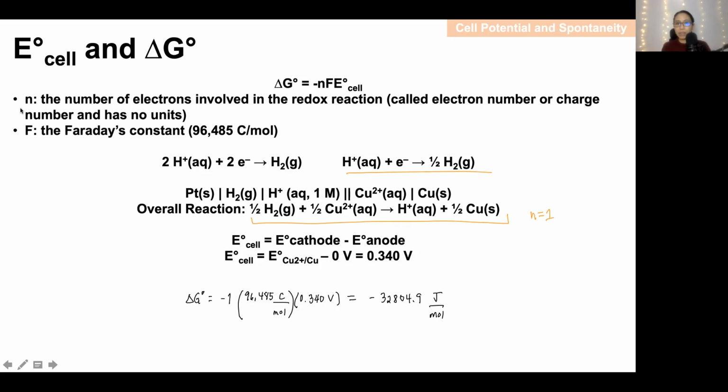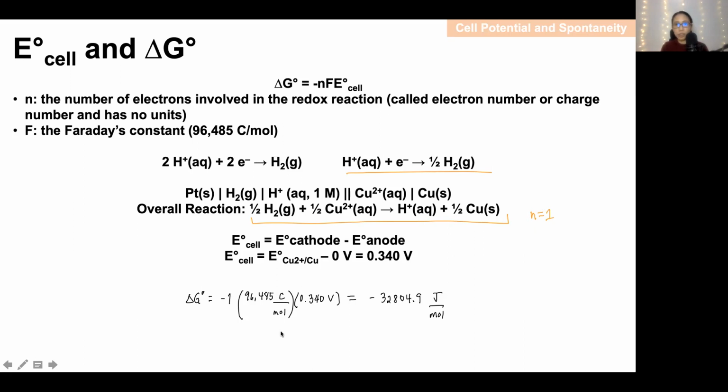So again, the way we balance the redox reaction affects the value of your delta G, because delta G is not an intensive property. But the way we balance our redox reaction doesn't affect the value of our standard cell potential, or cell potential in general. So if we balance this reaction involving just one electron, so our electron number is 1, then we get half.